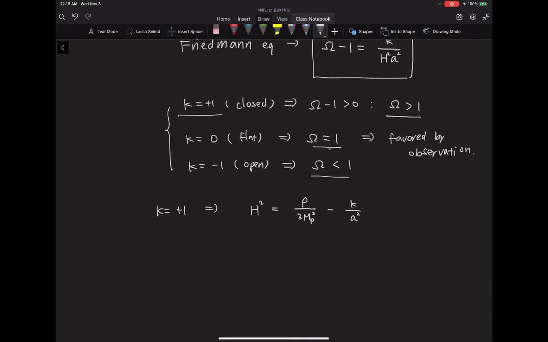At some point, the first term is positive and the second term is negative, and these two contributions can vanish. Then the derivative of the scale factor becomes 0. So in the beginning the universe is expanding, and now there's no choice but to contract.